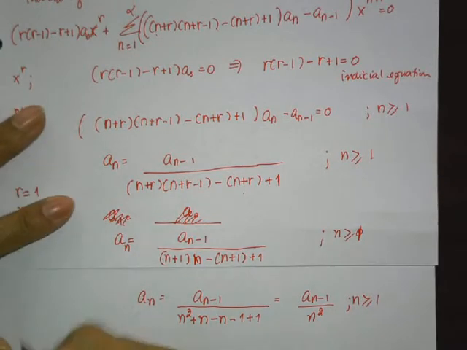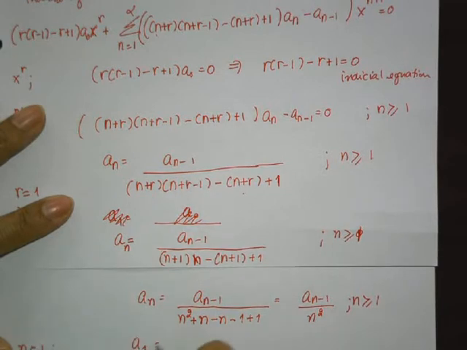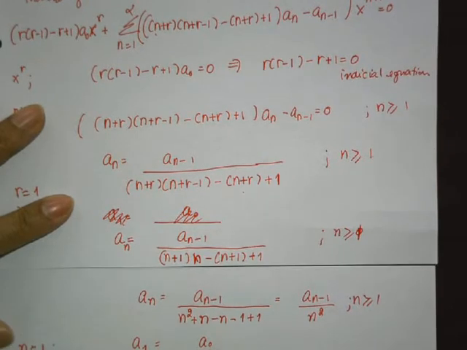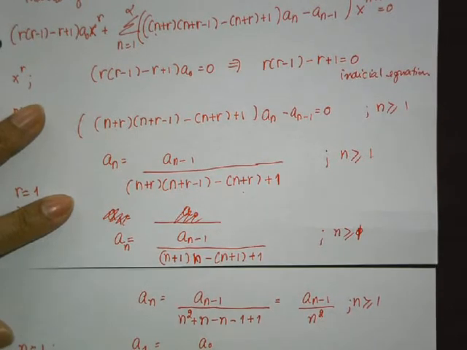So then we put n equal to 1. We get a1 equal to a0 divided by 1. N equal to 2, get a2 equal to a1 divided by 4, which is equal to a0 divided by 4.